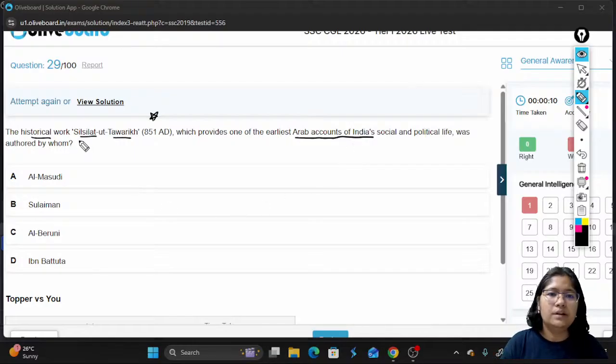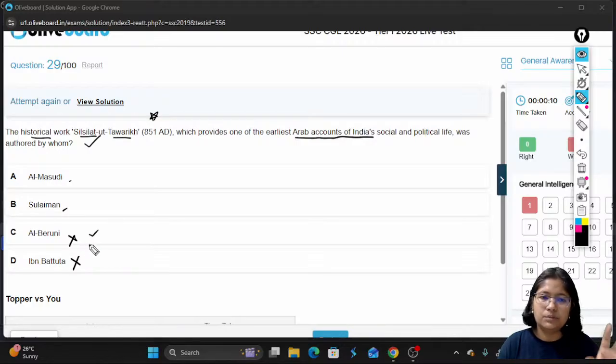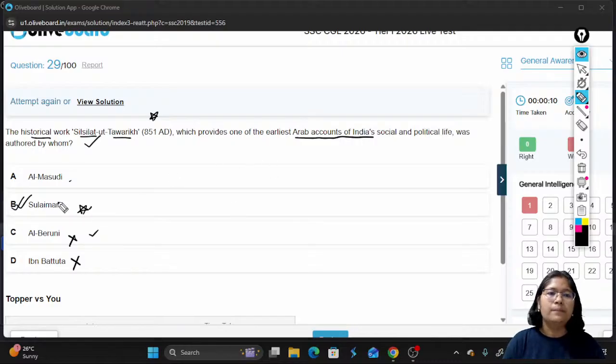So here Silsilat ut Tawarikh is by Al-Masudi, Suleiman, Al-Baruni, Ibn Battuta. This you have to eliminate, and you have to remember all the important questions and names of books by Al-Baruni and Ibn Battuta directly. So here your answer is Suleiman. B is the correct answer.